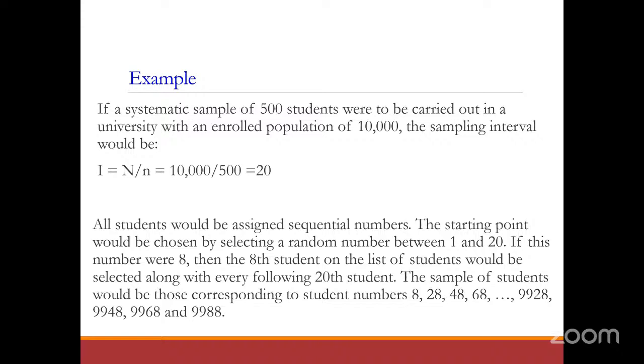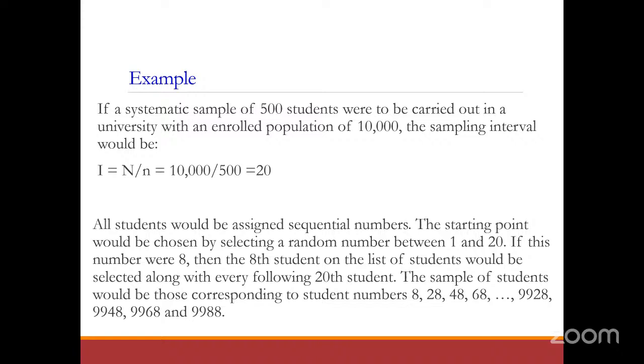So we take a random number between 1 and 20. Suppose it is 8. We will add this number to the interval of 20. So the first student will be the 8th student in the list.